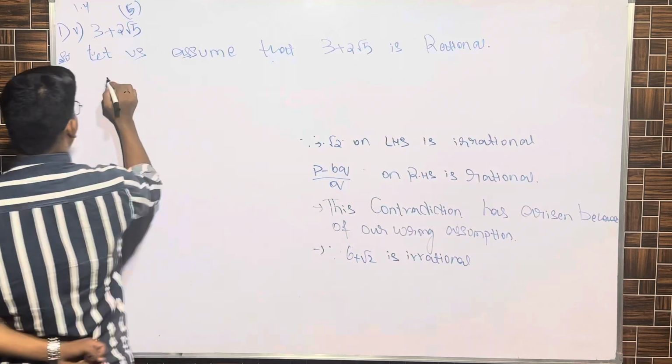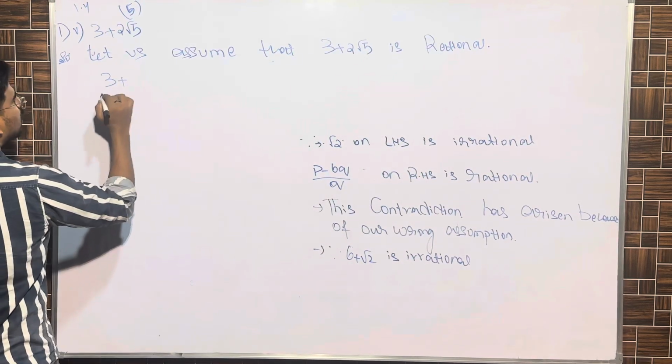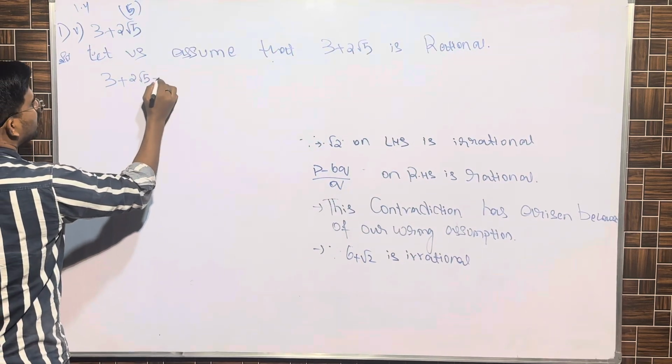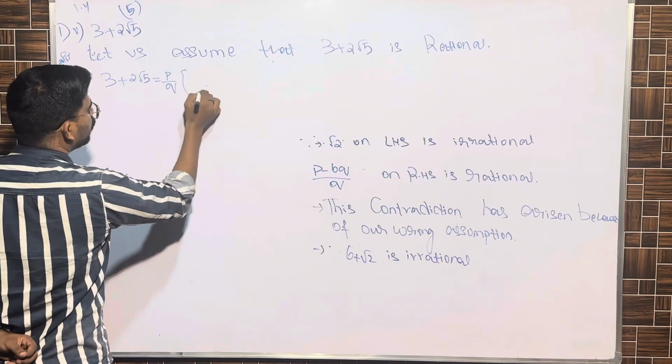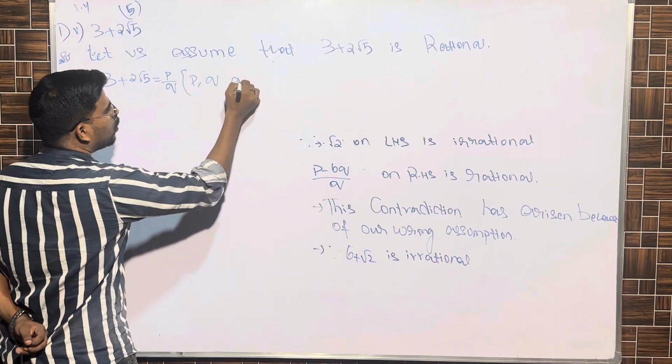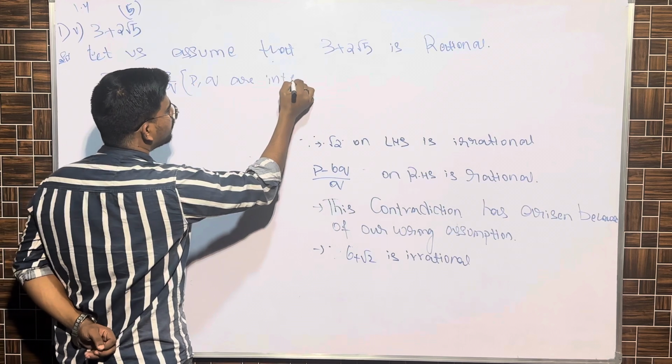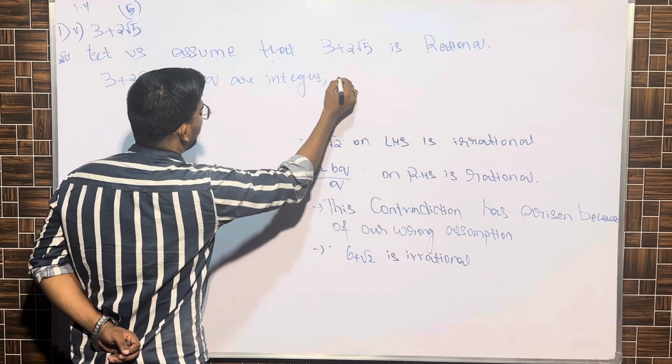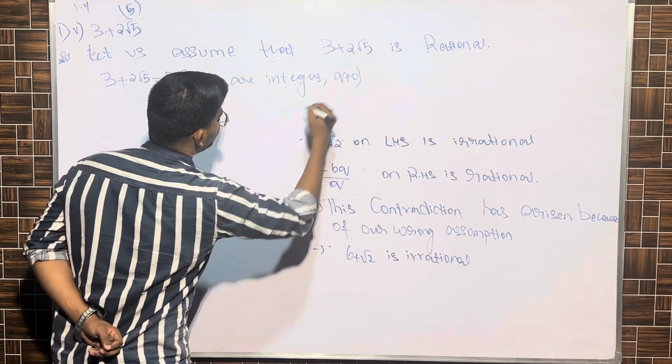If that is rational, we can write it in the form of p by q. 3 plus 2 root 5 is equal to p by q. What should be p and q? P, q are integers and q should not be equal to 0.